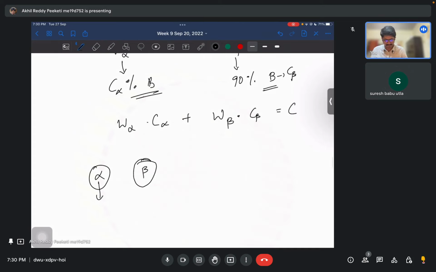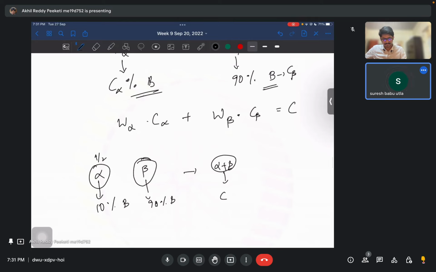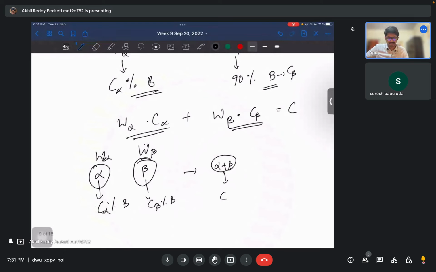Let's say this has 10% and this has 90%. What would the composition be? It's just the average, right? But here it's some fraction W alpha and W beta with compositions C alpha and C beta, so we multiply individually, and that should be the total composition.